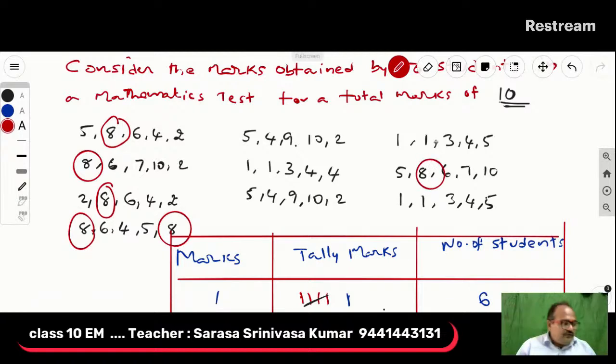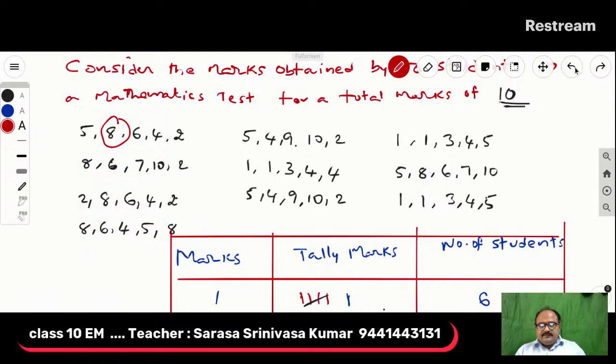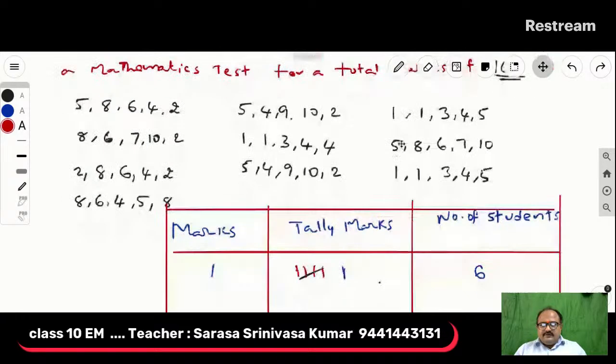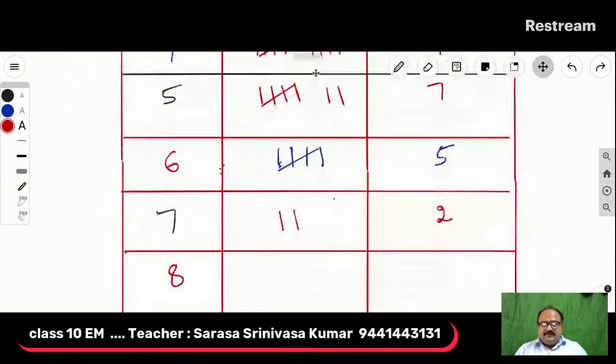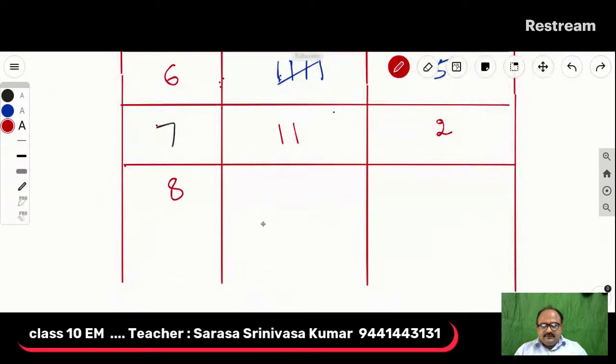So, how many students got 8 marks? 1, 2, 3, 4, 5, 6. 6 students got 8 marks. Now we write it in tally marks. 6 can be written as 5 plus 1.